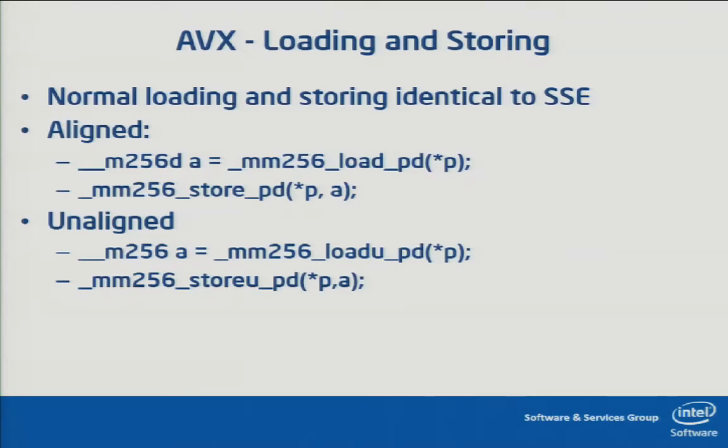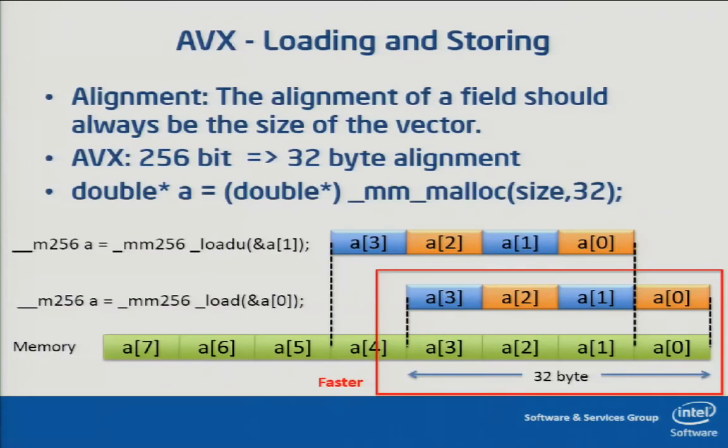Okay, so if the array is not aligned, we have this other set of two functions that do exactly the same thing. It just says loadu for load unaligned and storeu for store unaligned. Why this alignment stuff? What it essentially does is, we operate on cache lines internally.